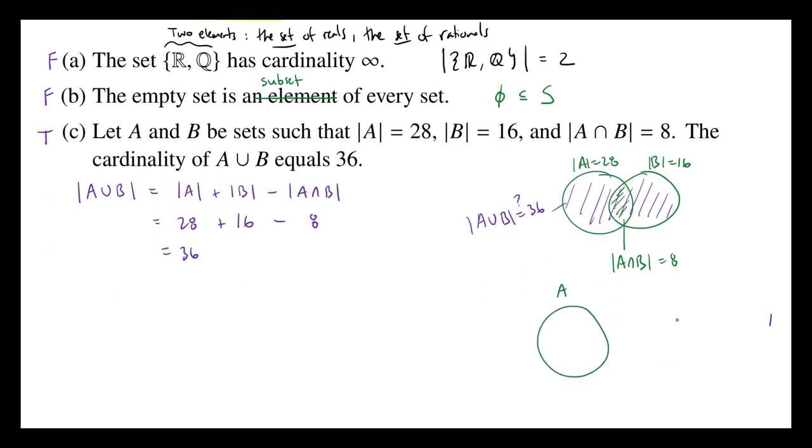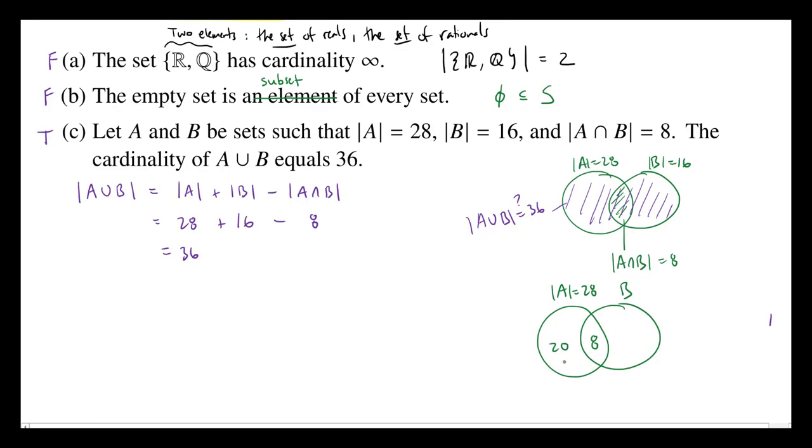We have our A and we have our B, and we know that the cardinality of A is 28, but 8 of those elements lie in the middle, in the intersection. So the remaining elements that are in A but not in the intersection must be 28 minus 8, which is 20. So there are 20 plus 8 elements in A, or 28 elements.